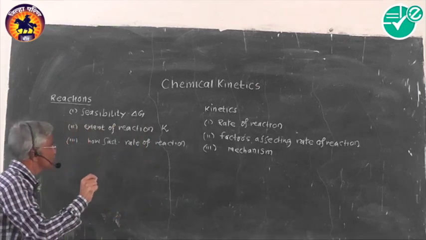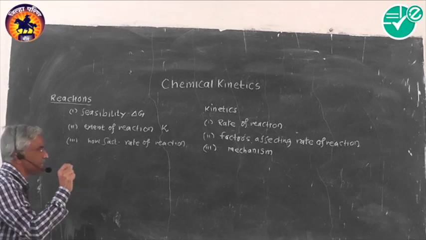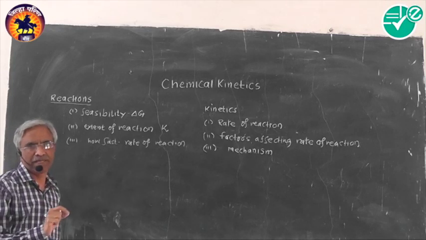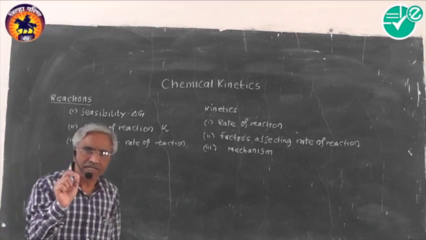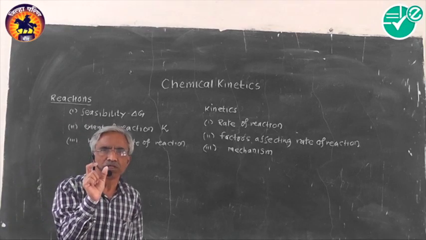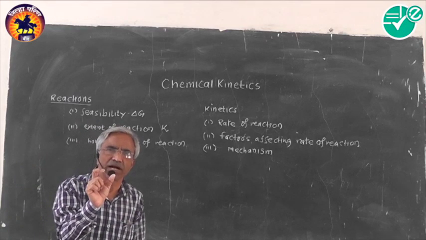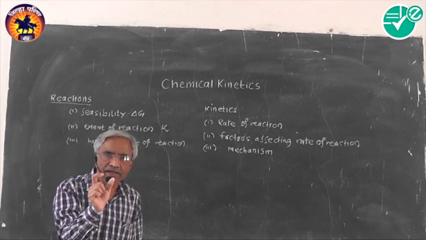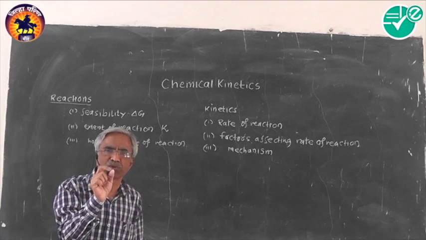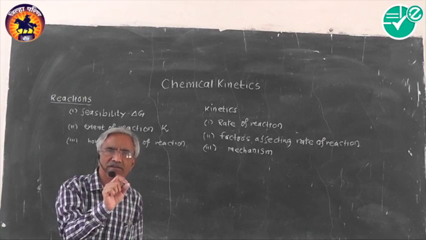Now the second question about reactions is the extent of reaction. That means if the reaction starts between two reactants with a specific amount, then how much of the reactants can proceed to convert into product.